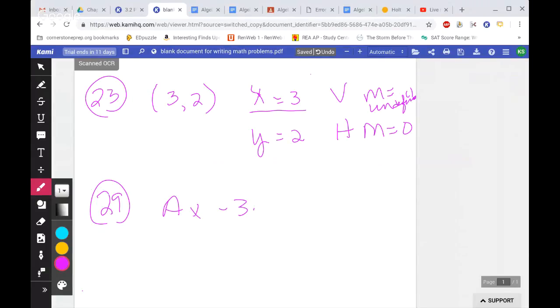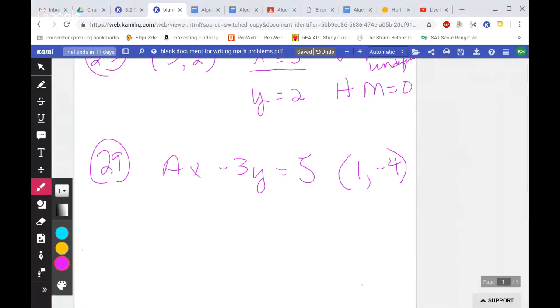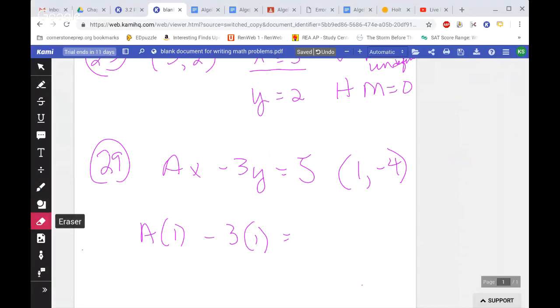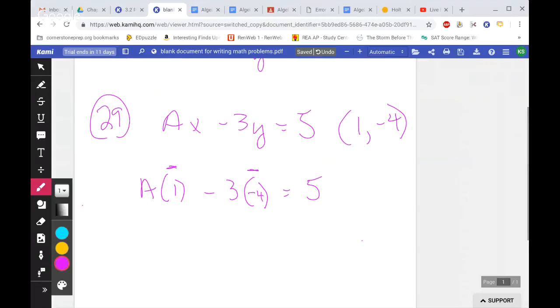We've got ax minus 3y equals 5, and the point was 1, -4. They want to find the value of a. So you would have to plug in the 1 for x, and the -4 for y. They plugged in the -4 here and the 1 there, so they did that in reverse.